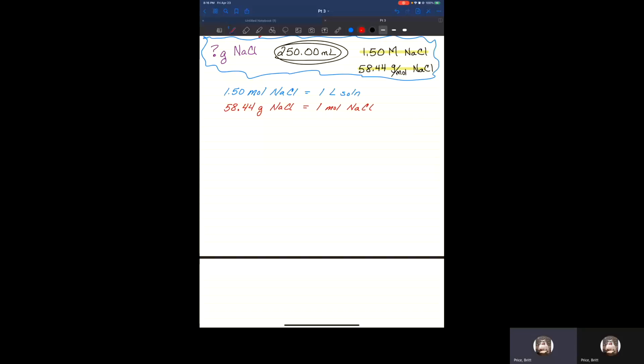If I'm not starting with my unit conversions, there's my starting point. I'm after grams, how many grams of NaCl equals 250.00 milliliters.